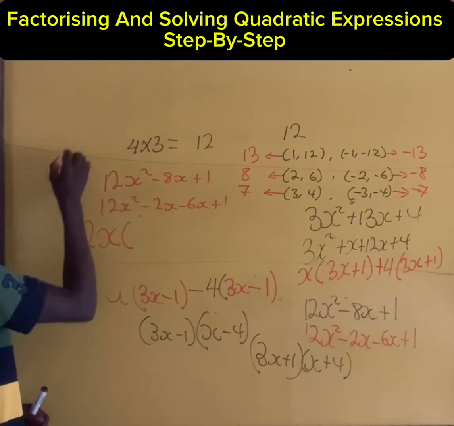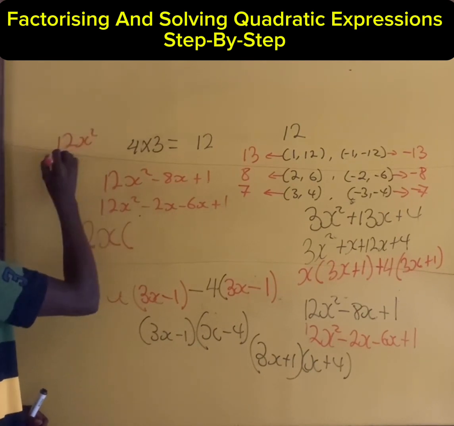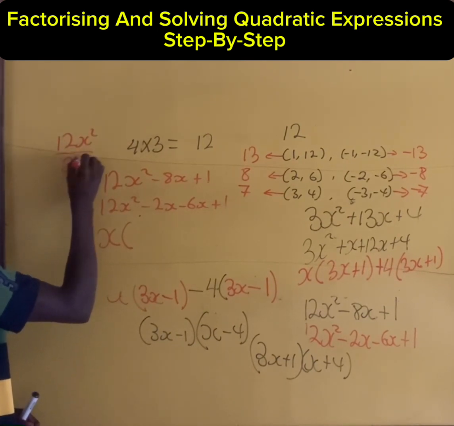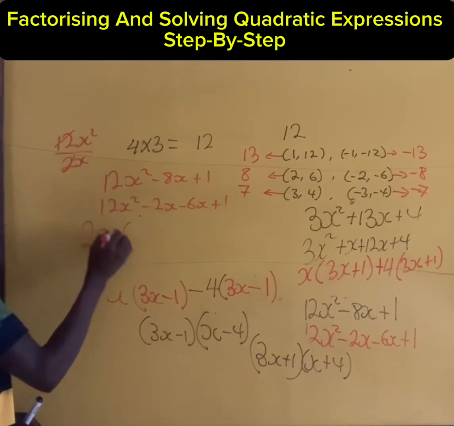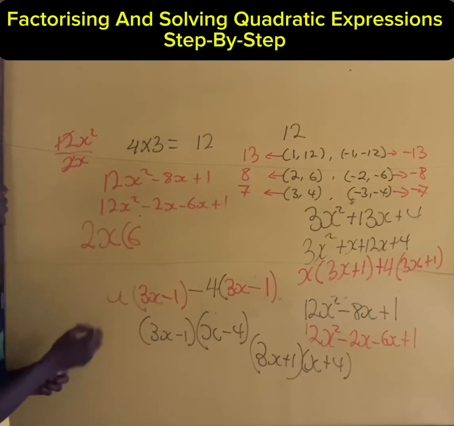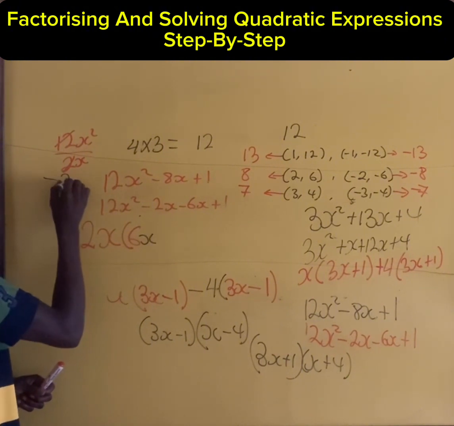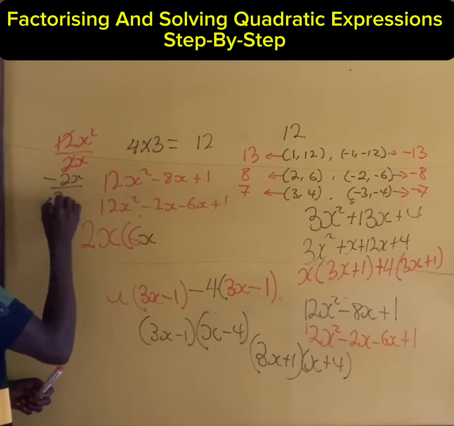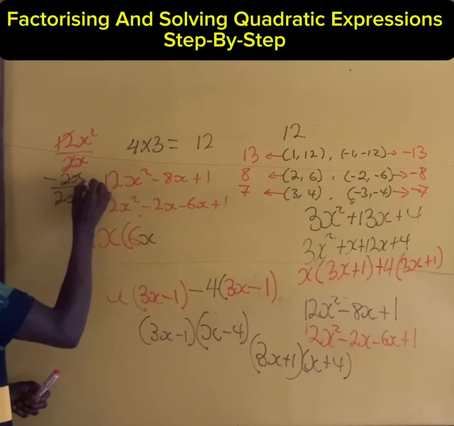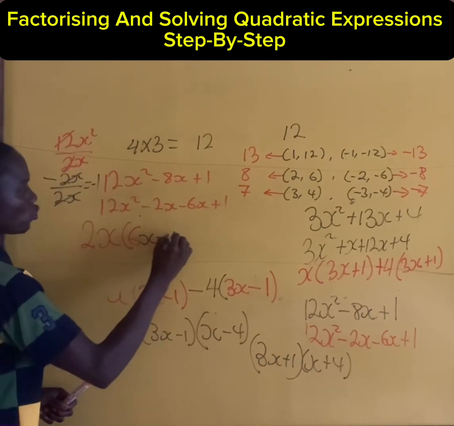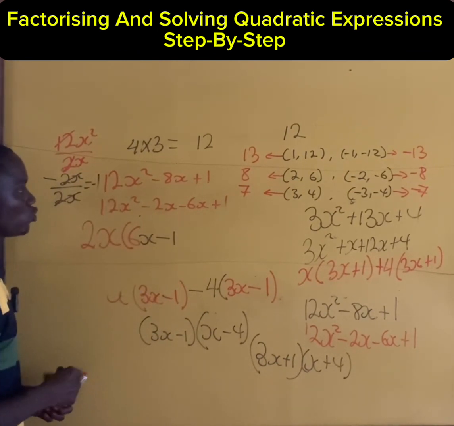Then this place, it will be 12x squared divided by 2x. 2 will divide this 6, and x will divide this x. And here I have minus 2x divided by 2x. So this will cancel this, and I have negative 1. So you put here minus 1 in a very simple way.